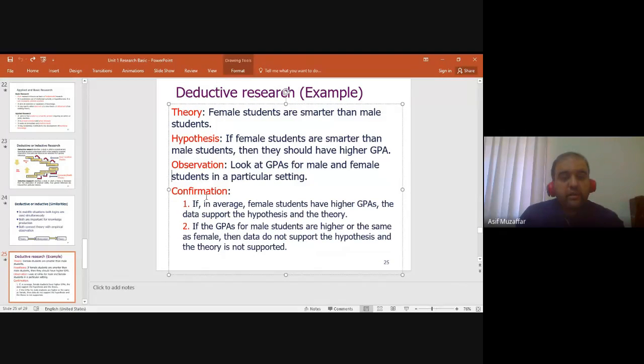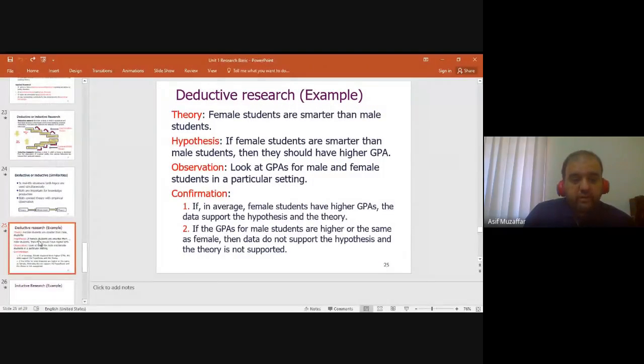After analyzing the data, if the GPA of female students is higher than male students, then you will say this hypothesis is true. Otherwise, you will say this hypothesis is false. So what are you doing? You are confirming this theory based on some hypothesis. So this is the deductive approach.